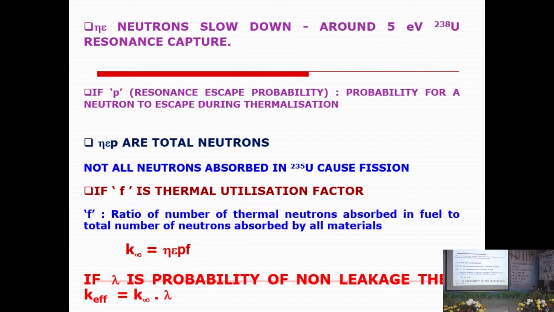Initially we assumed no leakage, but leakage will always happen from the core. If K effective is 1, it is a sustained chain reaction. If it is less than 1, it is called subcritical. If it is more than 1, it is called supercritical.